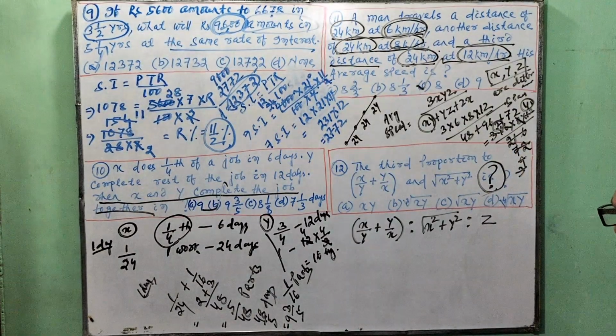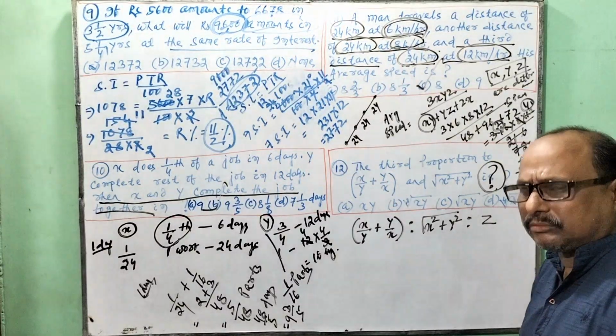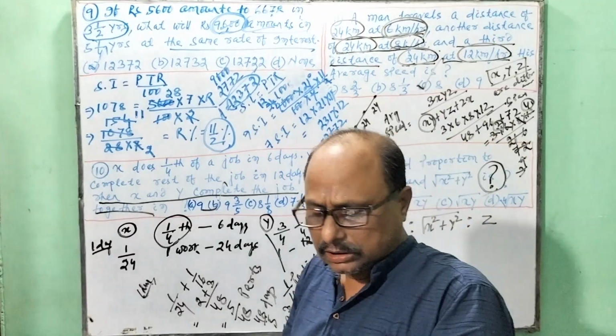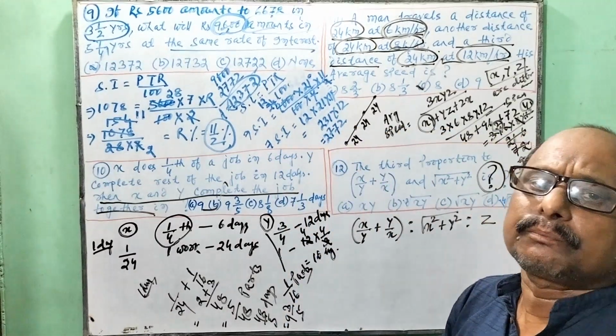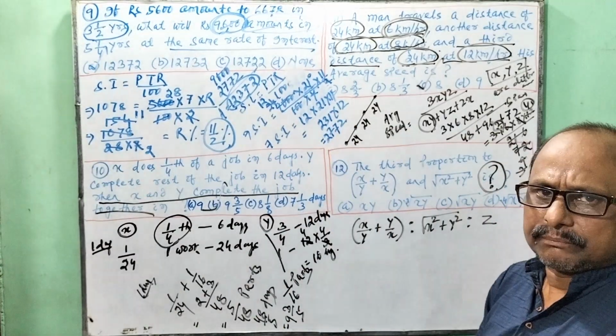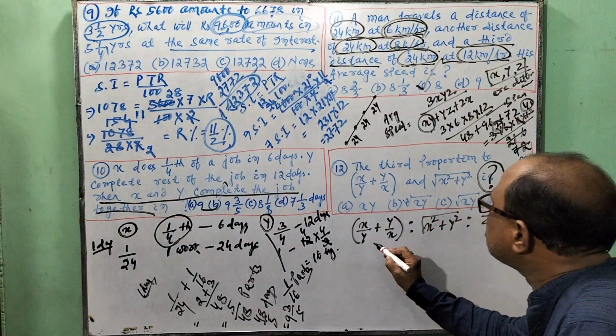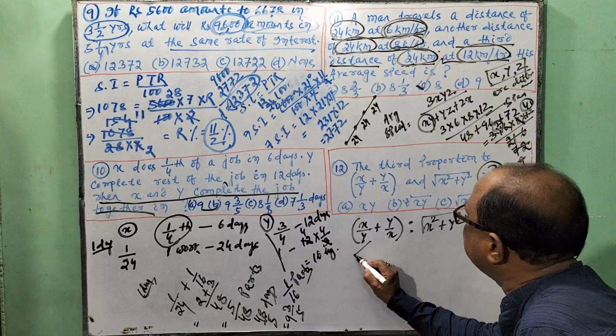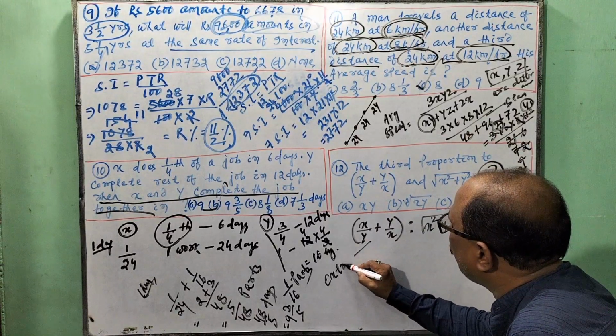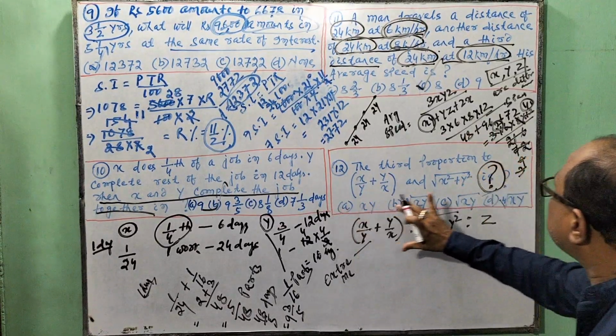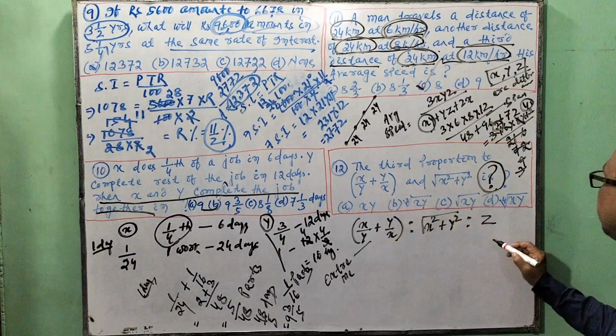I have not told you the ratio and proportion yet, but after classes I will give it. Here you understand that these two numbers are the extremes of the ratio.